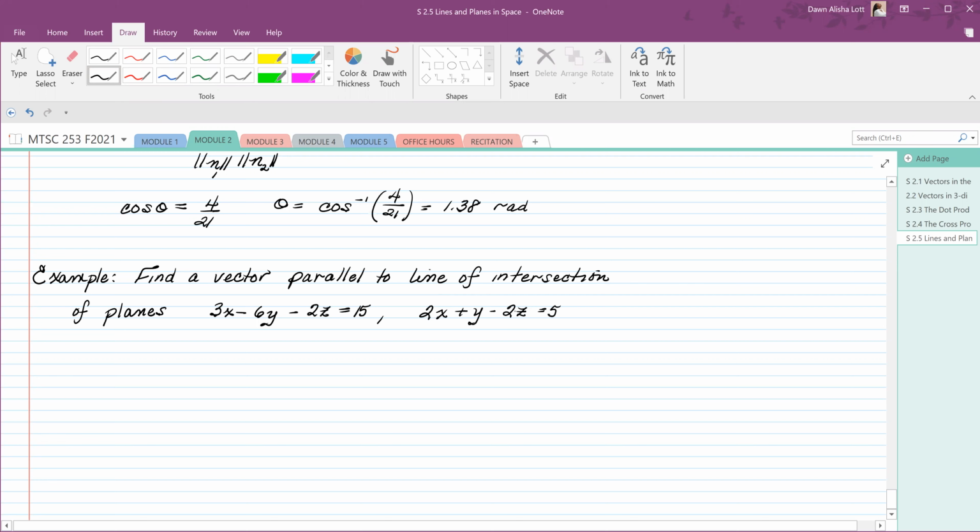So we already said when two planes intersect, they intersect in a line.